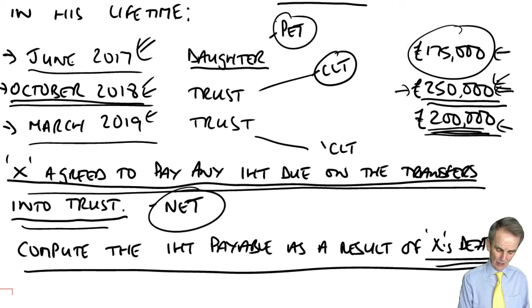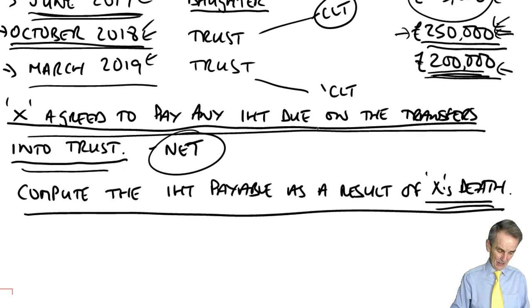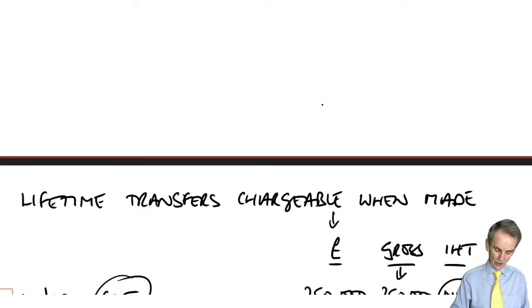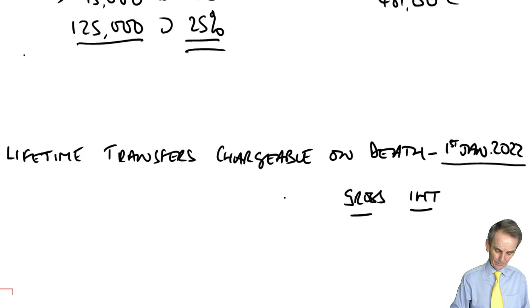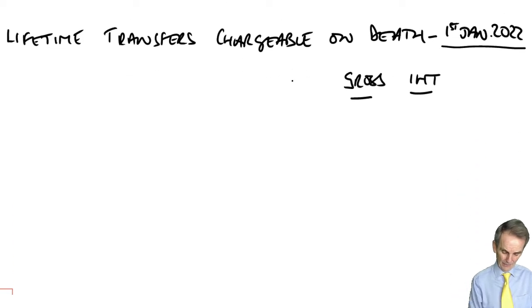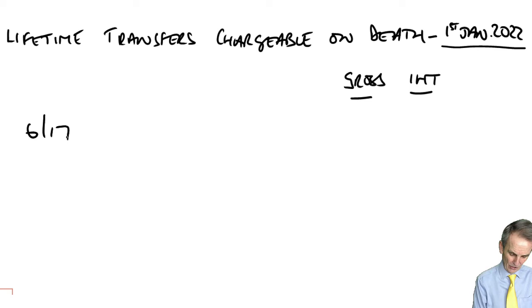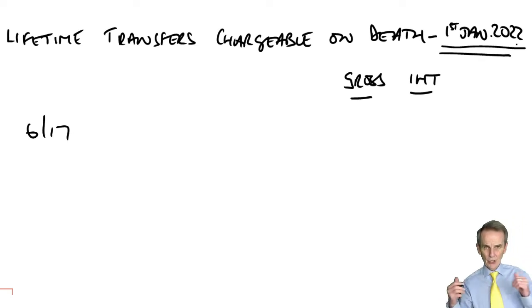And that, of course, is this PET in June 2017. So we kick this computation off, therefore, with June 17. Remember how we got that? Date of death, go back 7 years. That's the 1st of Jan 15. Come forward, June 17.